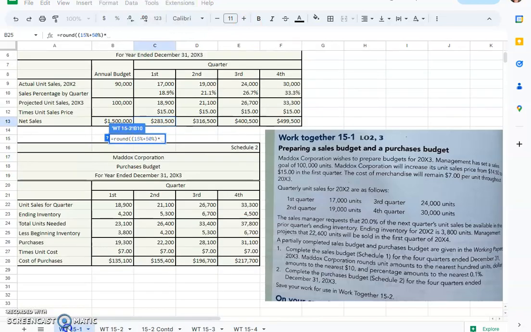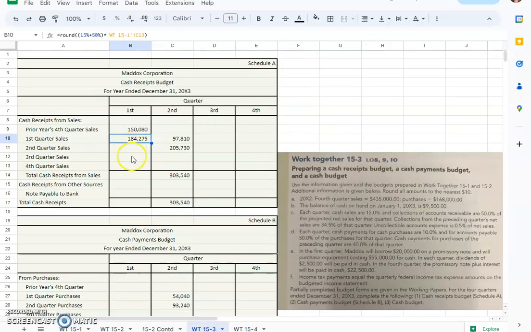We'll go back to Work Together 15-1 to get our first quarter sales, 283,500. Oh, I forgot the rest of my round function, comma, -1. Now we should have a nice round number, right? 184,280.